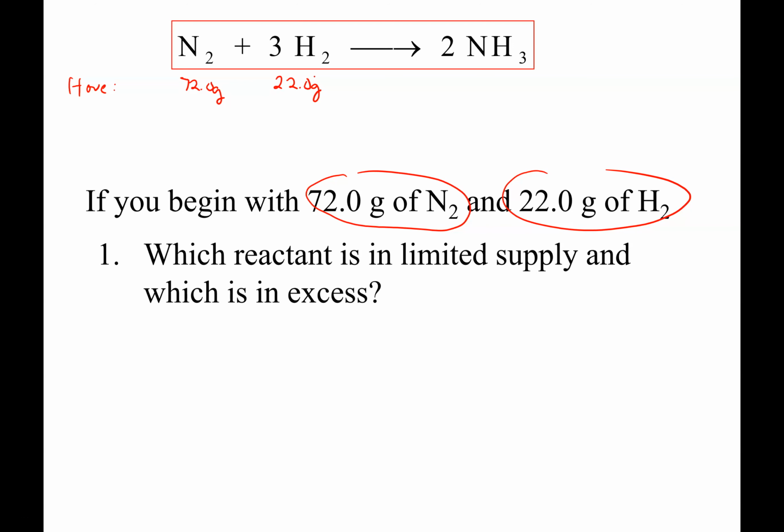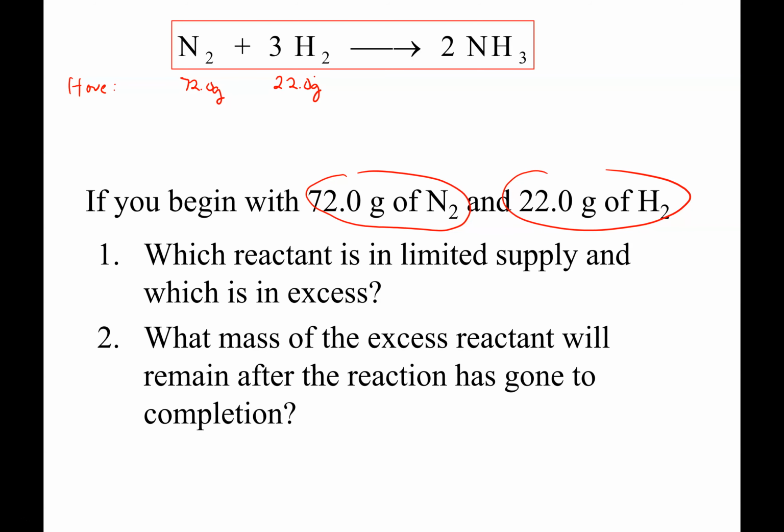We're going to answer a series of questions, like we did with the ham sandwiches. Which is in limited supply and which is in excess? No guessing. You have a 50-50 chance of getting it right, but you have to show me how you got it. Only after you answer those first questions can you answer the others.